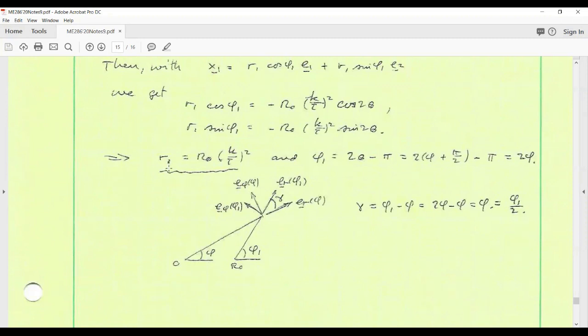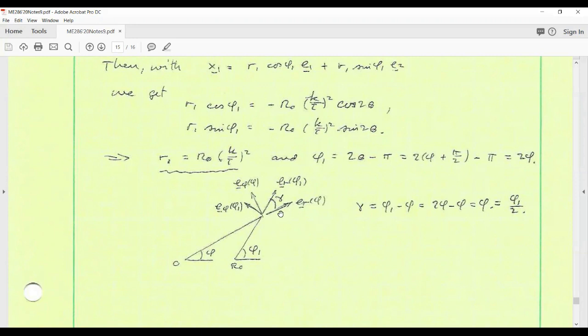So this makes things a little easier to use this new polar coordinate system, because it gives the radius easily in the new system in terms of the stress intensity, right? And the phi1 is 2 phi, okay?